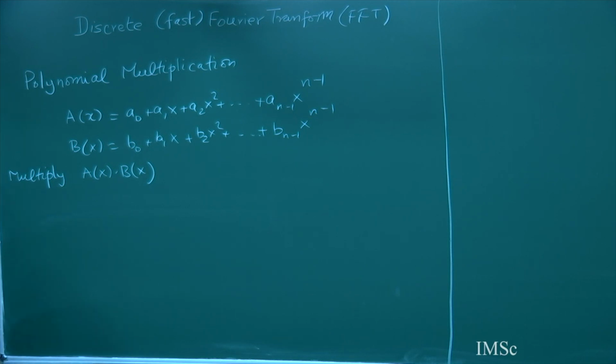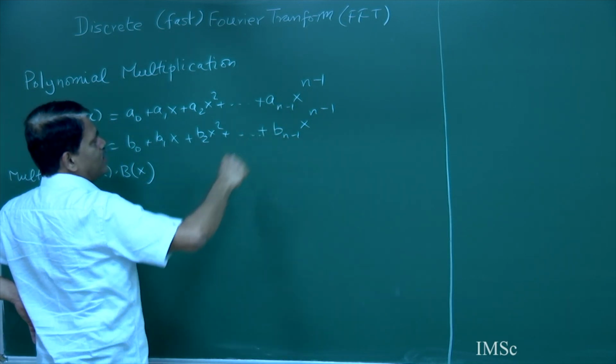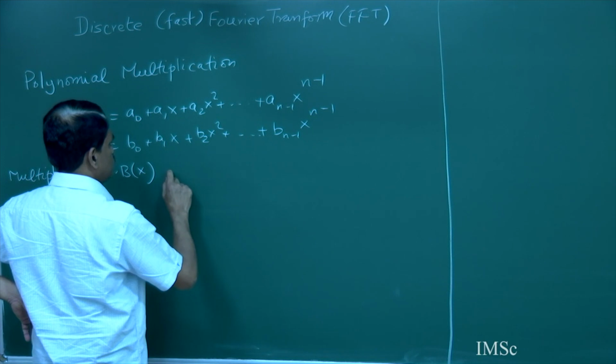So the standard multiplication based on the definition of the product, how much time would it take? n squared, because the product will have degree 2n minus 2.